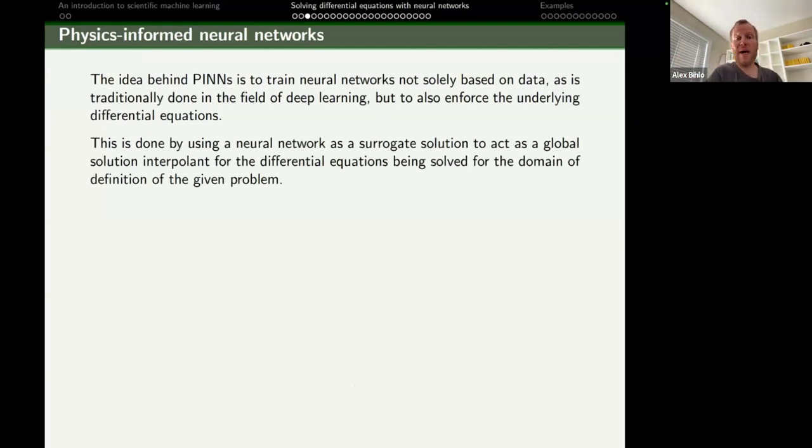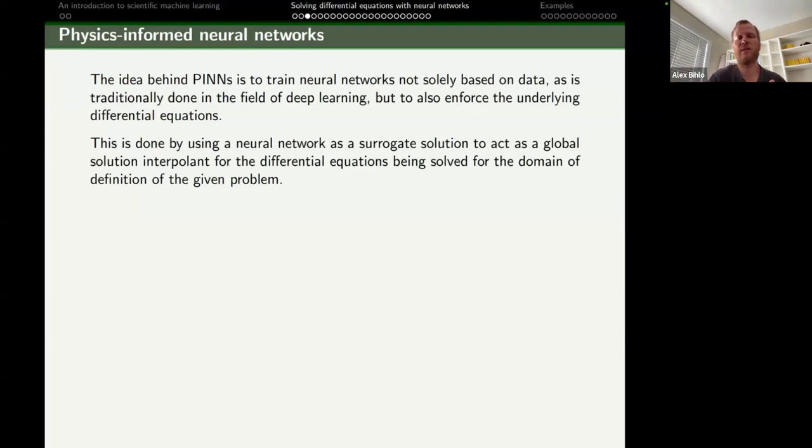How is this done in practice? Well, in terms of a numerical method, what you do is you use a neural network as a surrogate solution that should serve as a global solution interpolant for your differential equation over the domain of definition of the given problem. So really what you're training is a solution interpolant.